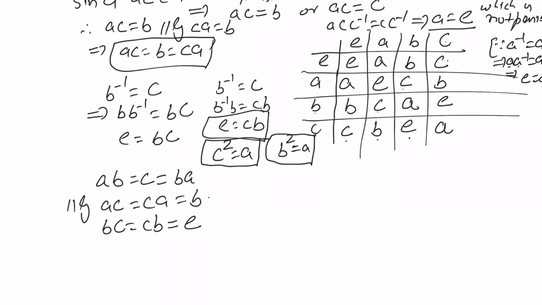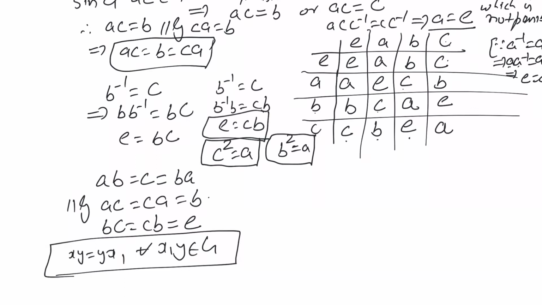So this way we can see that the elements are commuting with each other and satisfying the property of an abelian group, because a group is said to be an abelian group if xy is equal to yx for all x, y belonging to G. Therefore this is forming an abelian group.